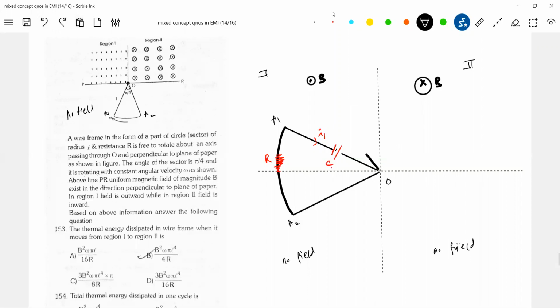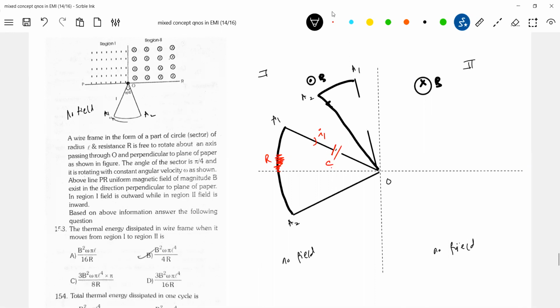When the loop is completely inside, I'm just decreasing the size. Let me show it here. When the loop is completely in region 1, will there be any EMF induced? Yes, EMF will be induced in the individual rod.